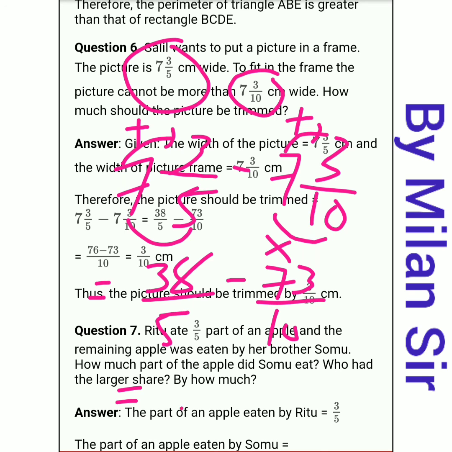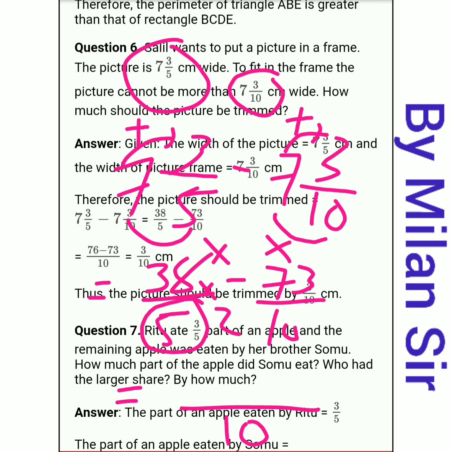Now here we need to take the LCM. The denominators 5 and 10 are different, so we need to take the LCM. LCM of 5 and 10 is 10. Now in the first term we have denominator 5, we need to convert it to 10, so we need to multiply with 2.